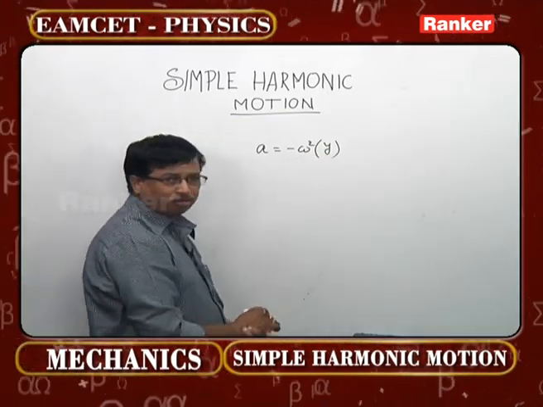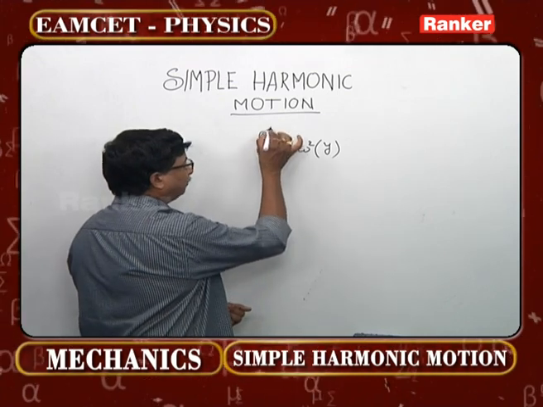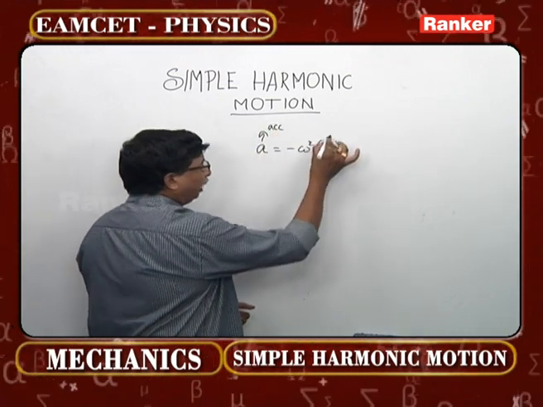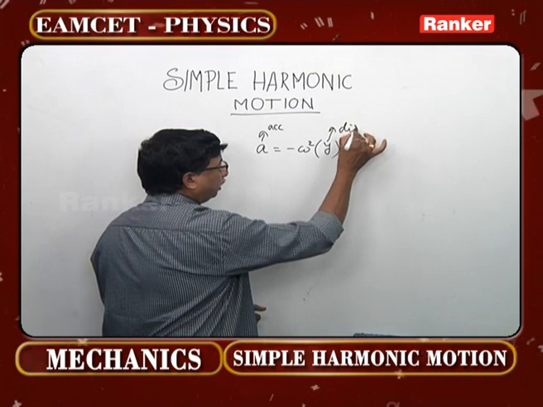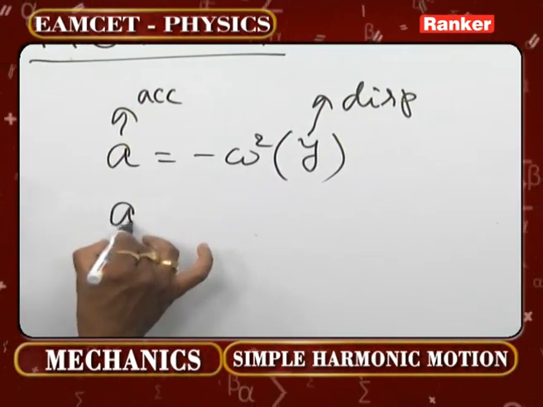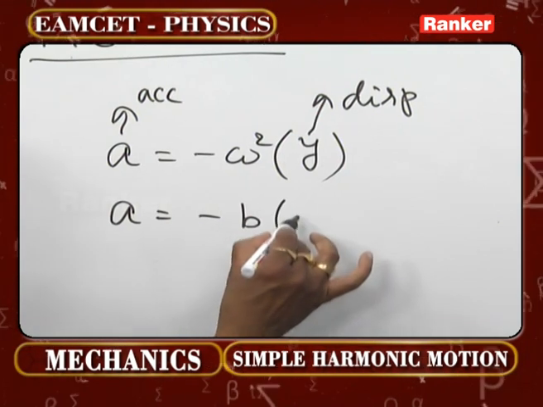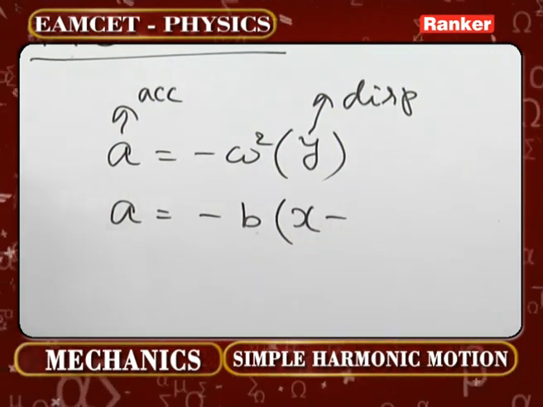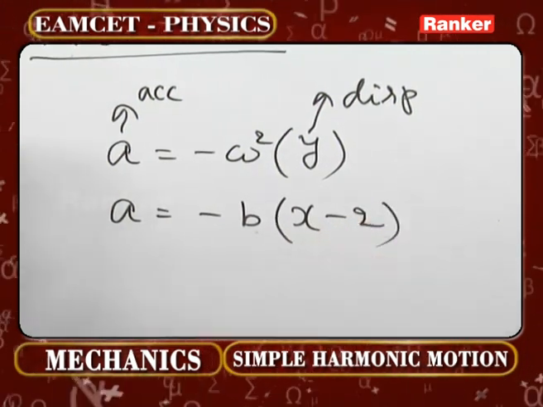That is the equation. A for acceleration here and y for displacement over here. Now look at the equation what has been given to you. A is equal to minus b into x minus 2. This is the value given.